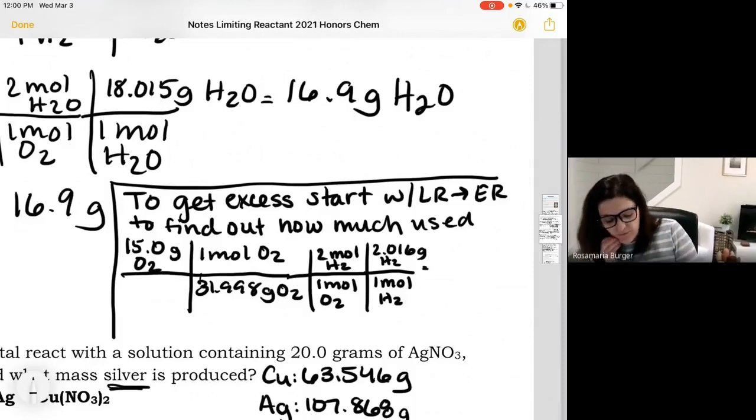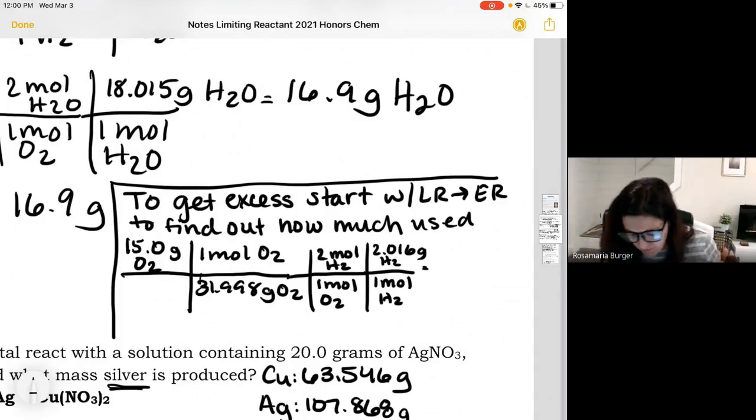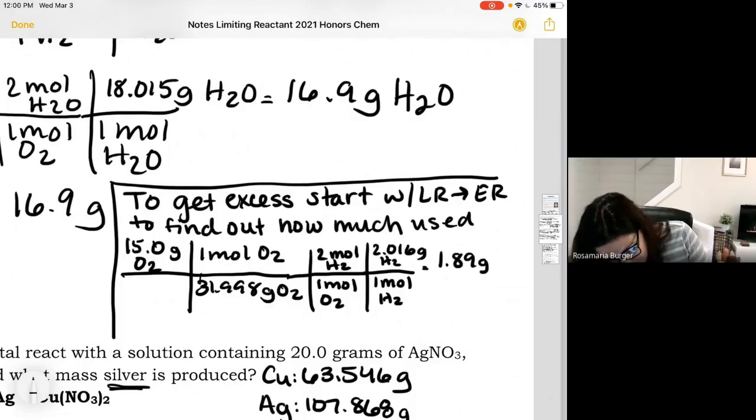So we're going to do 15 divided by 31.998 times 2 times 2.016. So that gets us, for 3 sig figs, 1.89 grams of H2.